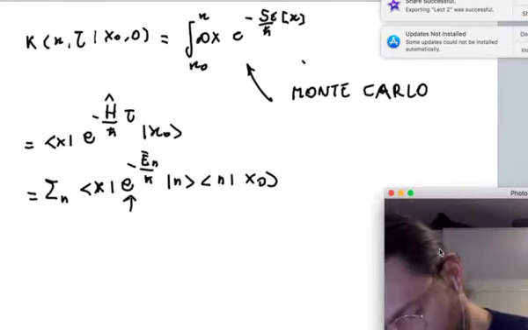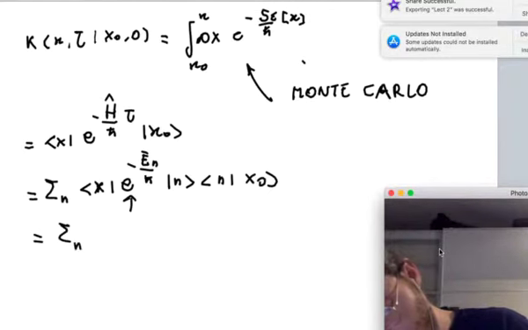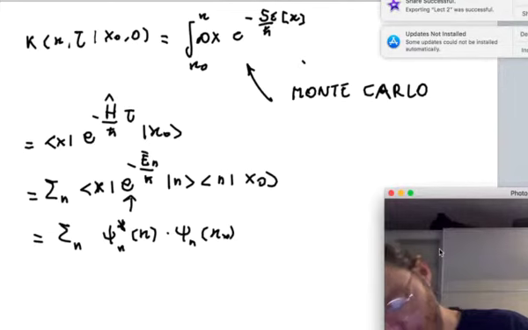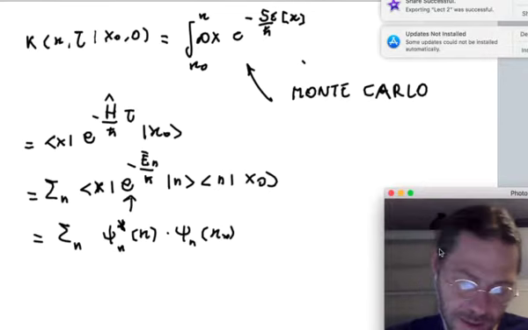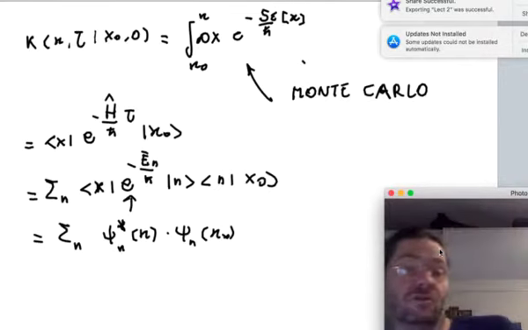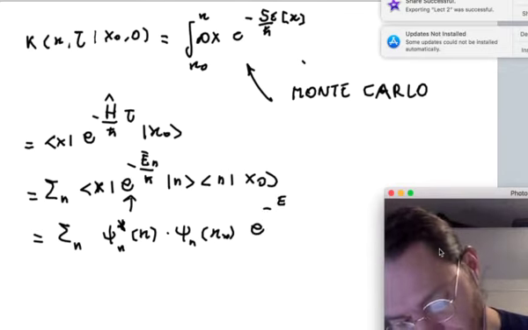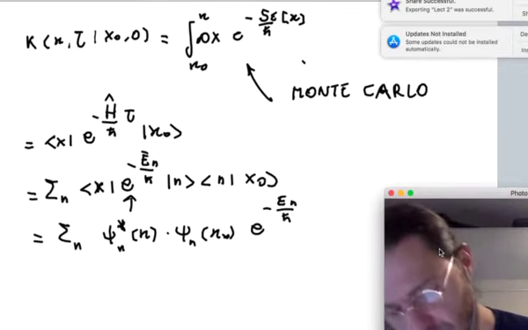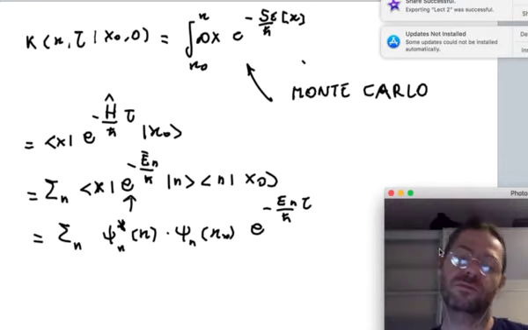And then this will become a sum over the wave function star of the nth state at point x multiplied by the wave function at point x naught. For instance, if I choose x naught to be equal to x, I have the square modulus of the wave function of the nth state weighted by the negative exponent of the eigenenergy in units of h bar times the Euclidean time.